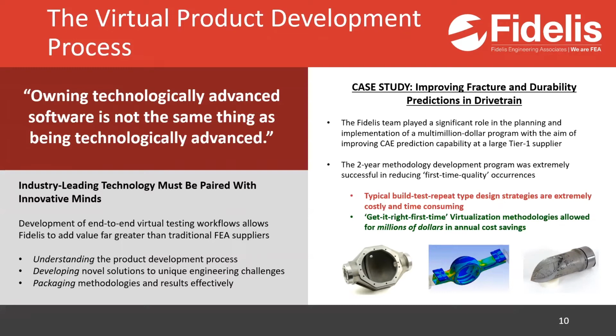The 2-year project was very successful. We reduced first-time quality occurrences significantly, and that allowed us to get it right first time, save millions of dollars in annual savings, and kind of put to bed this old-fashioned build, test, repeat type design strategy that was there previously.